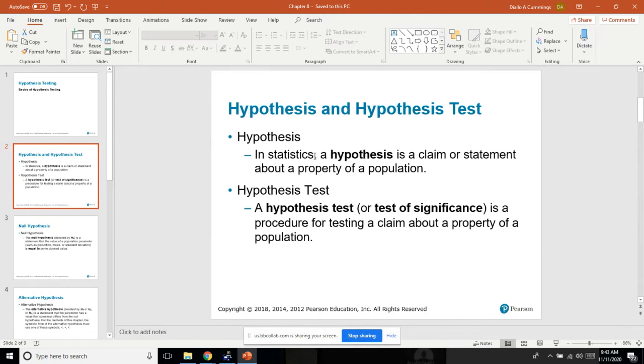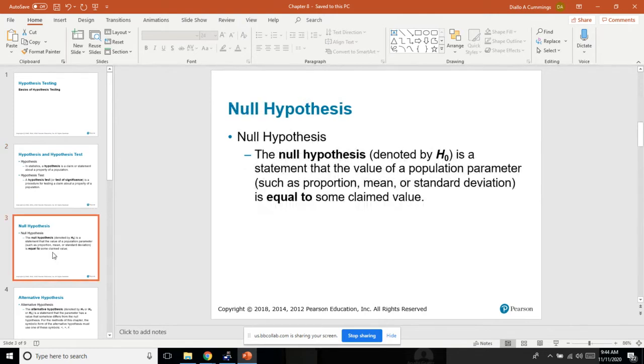In statistics, a hypothesis is a claim or a statement about a property of a population. A hypothesis test, sometimes called a test of significance, is a procedure for testing a claim about a population. A hypothesis is made, or an educated guess, and then a test is performed about that hypothesis to see if it's true or not.